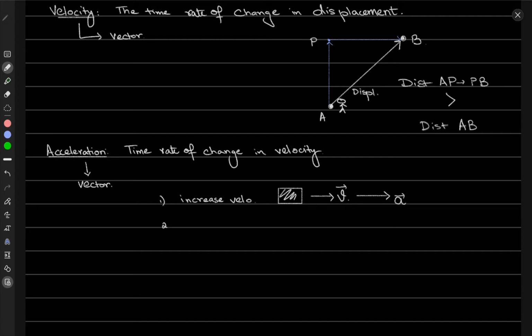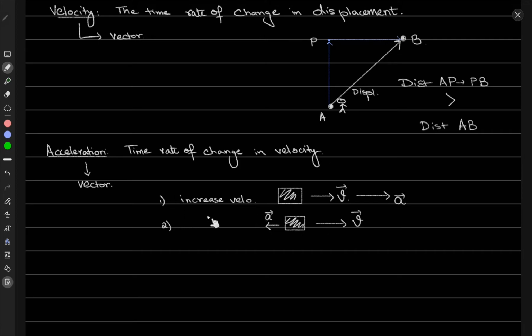However, suppose that I have the same thing and the object moves in this direction, but the acceleration is pointing in this direction, which is exactly 180 degrees opposite to the velocity vector, or you can say it is anti-parallel to the velocity vector.